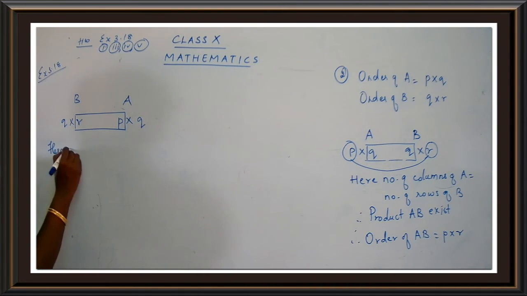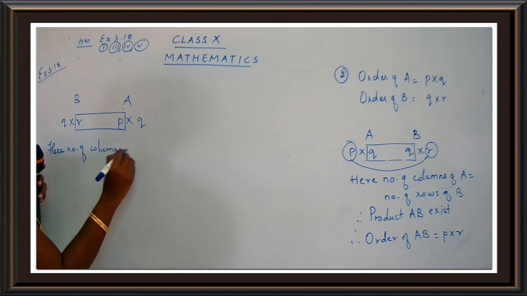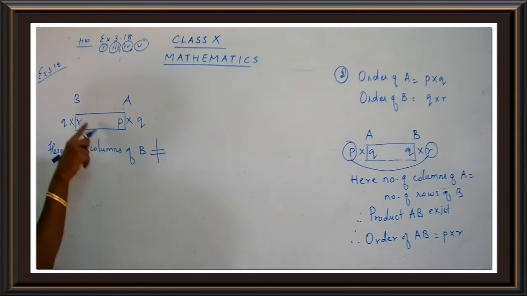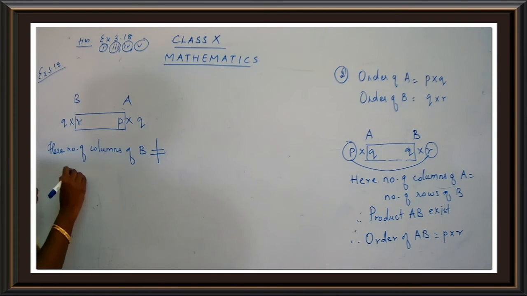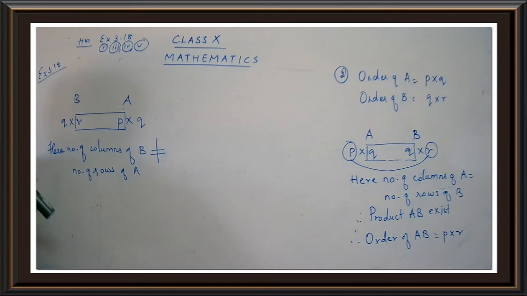Here, the number of columns of B is not equal to the number of rows of A. Okay? The number of columns of B is not equal to the number of rows of A.